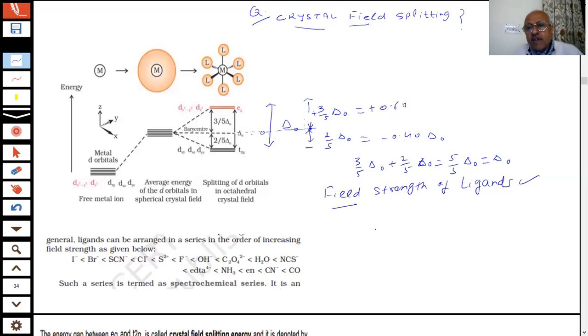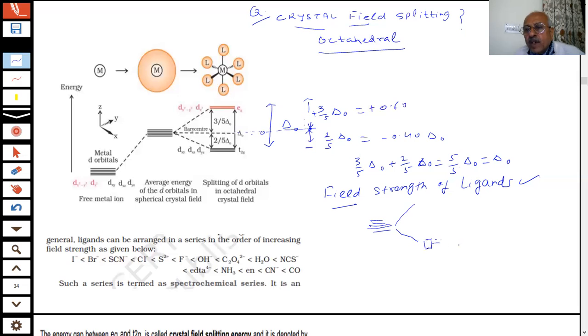In other words, students, these are my five d orbitals. How are they splitting? I'm talking of octahedral. In the case of octahedral, these five d orbitals are degenerate. And what happened, students?